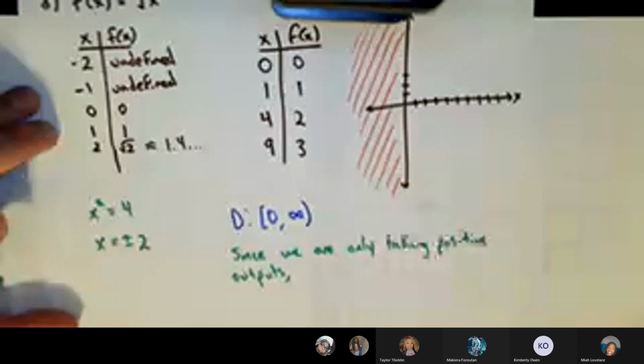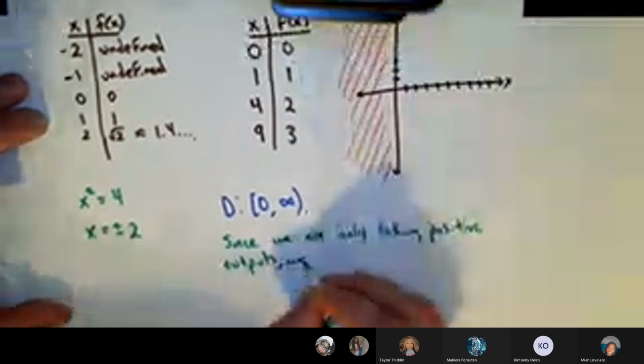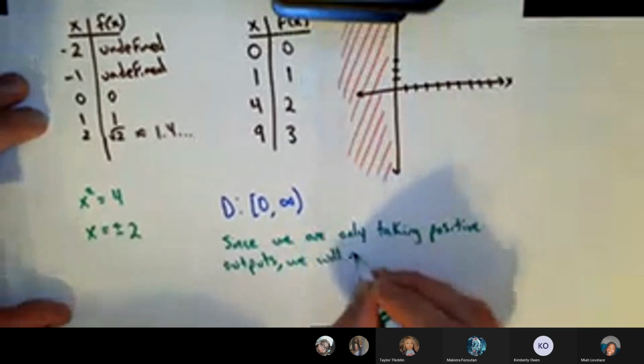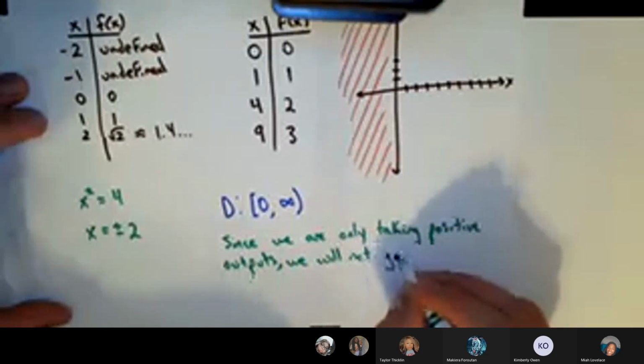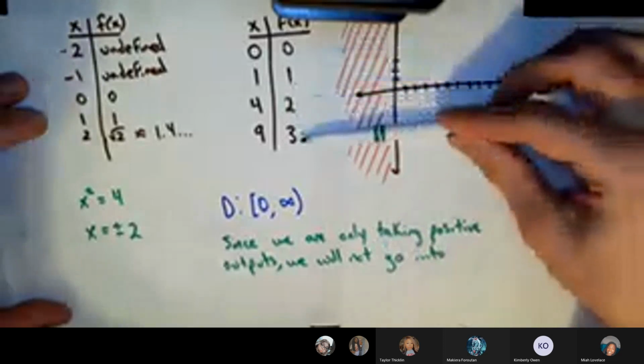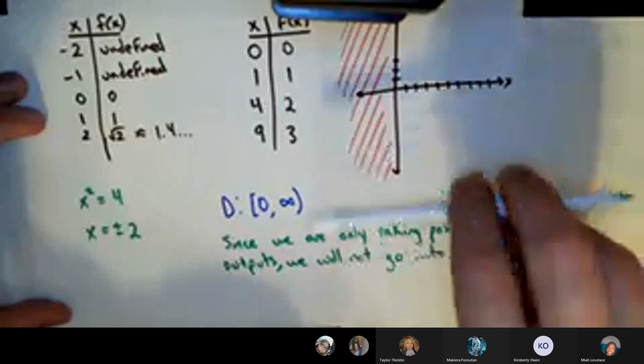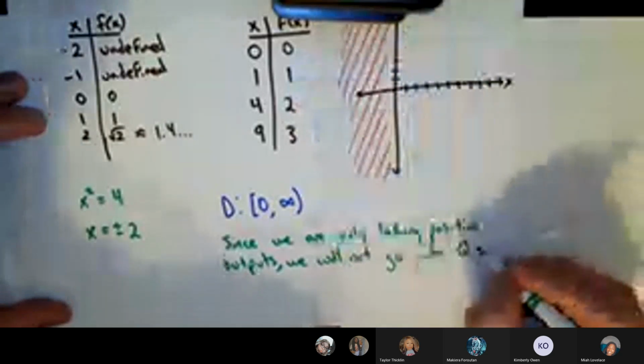Since we are only taking positive outputs, we will not go into the negatives for y. Quadrants where y is negative are quadrants 3 and 4.